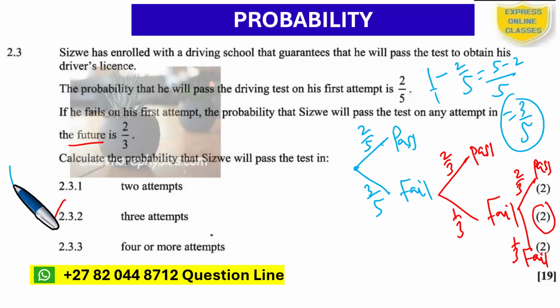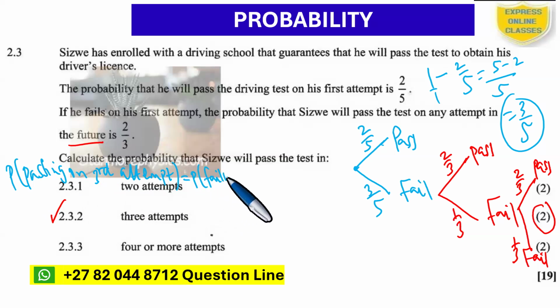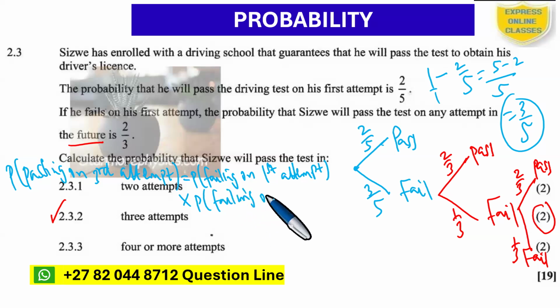So now we're saying: failing on 1st attempt, failing on 2nd attempt, passing on 3rd attempt.